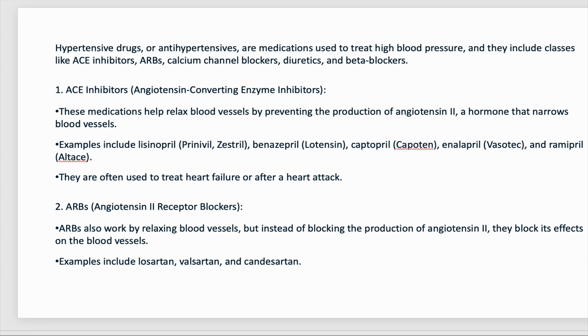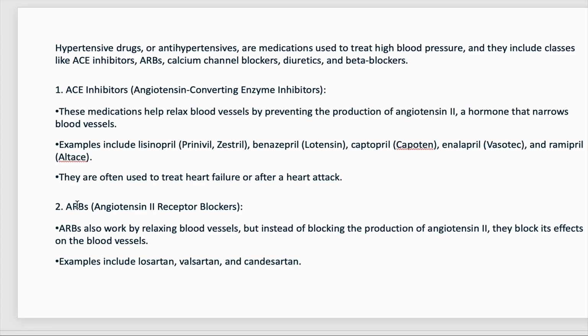So if angiotensin 1 is not converted into 2, which is a vasoconstrictor, remember, then it cannot constrict the vessels, and the blood pressure won't increase. That's how it's controlled. So that's the first class.